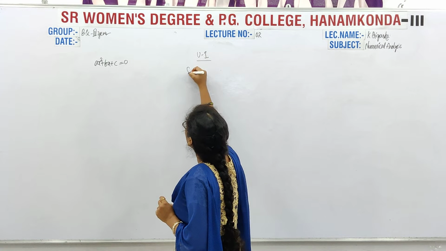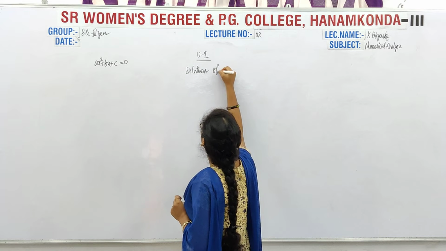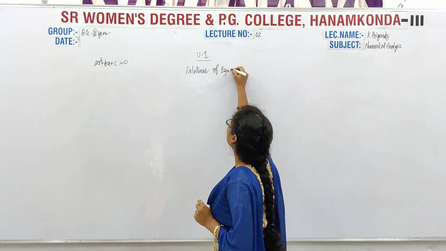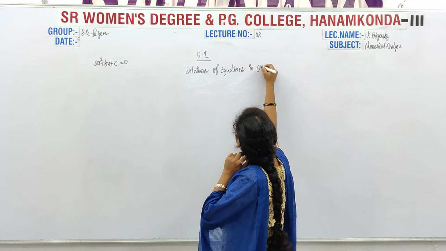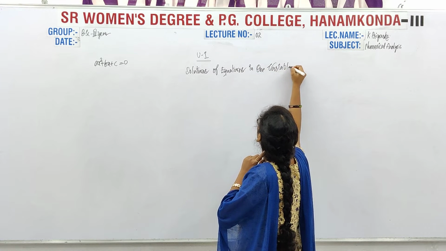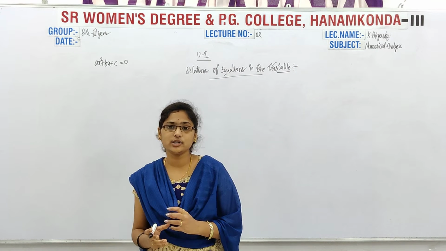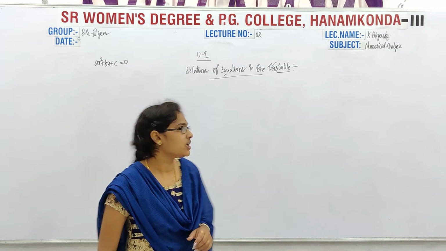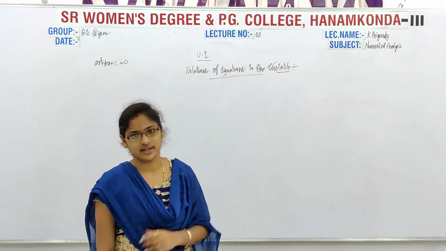So what is the unit name here? Solutions of equations in one variable. Right. So now see here, we are going to find the solutions for equations which have only one variable.